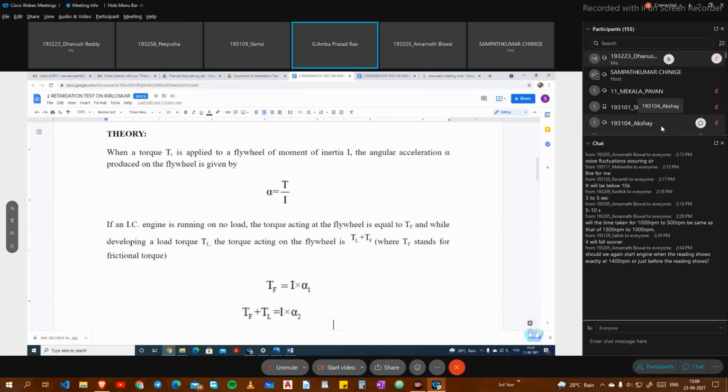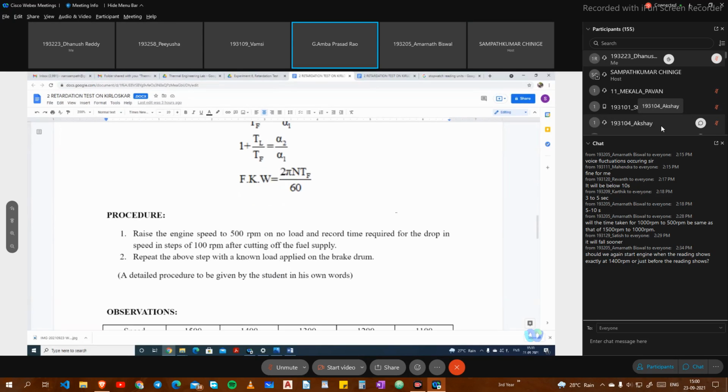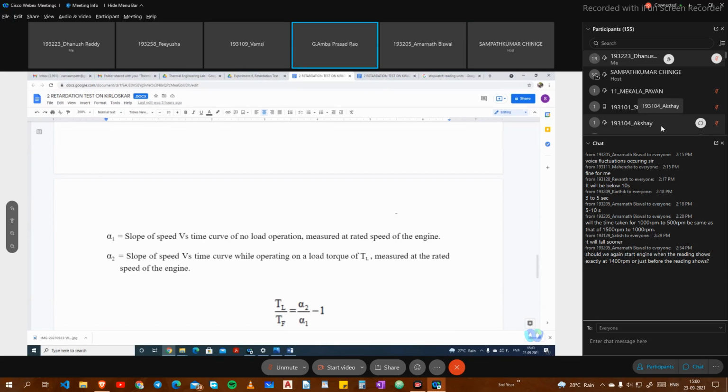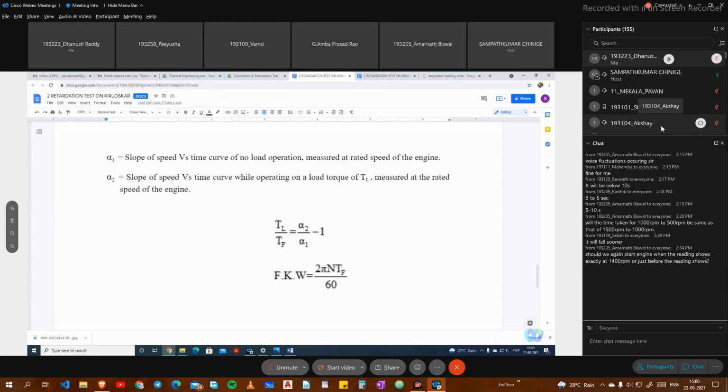So at the end, I have kept drawing the curves. So find out two slopes, the slope of speed versus time. Alpha 2 is with load and alpha 1 is without load. First one is with no load, second one is with load. So TL by TF equal to alpha 2 minus alpha 1.